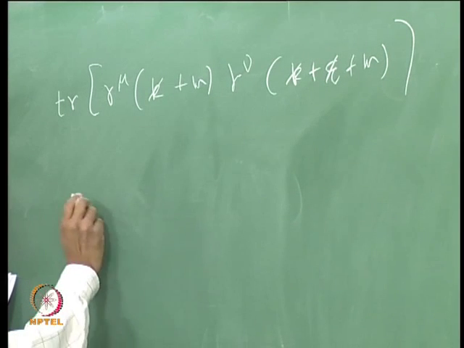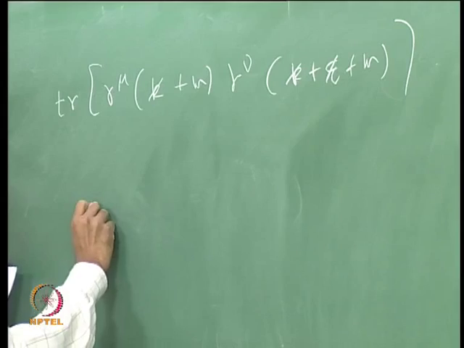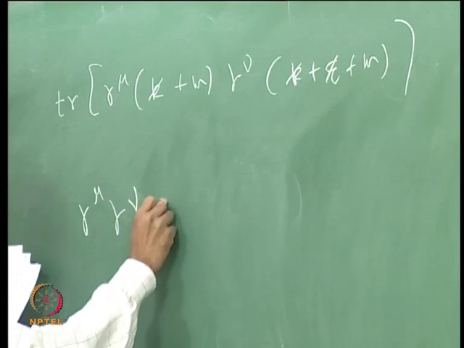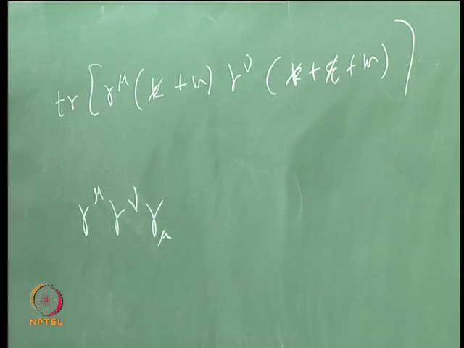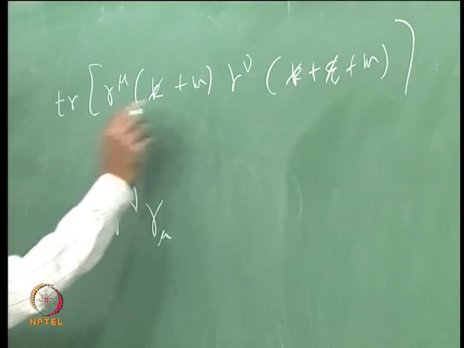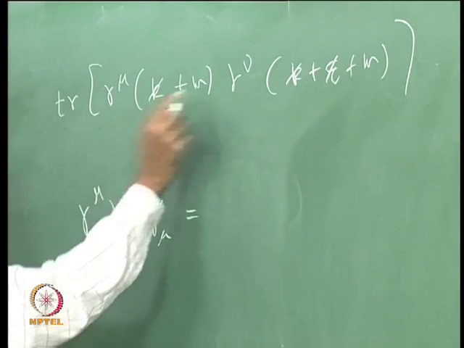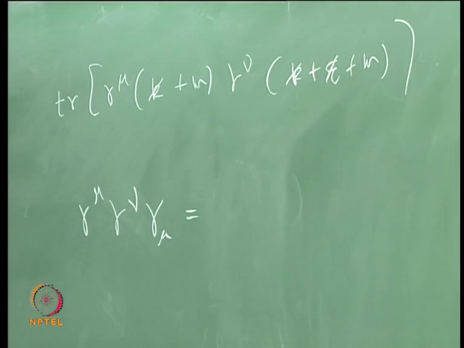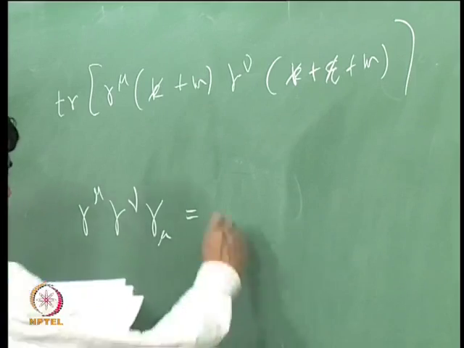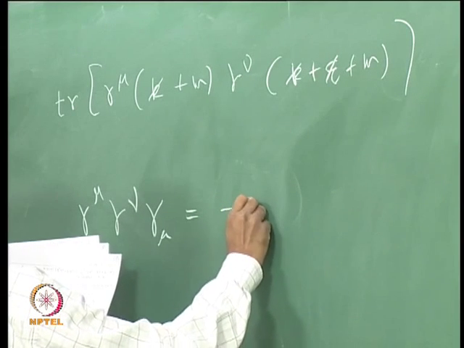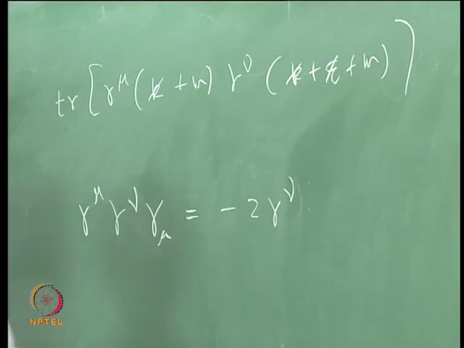When you do it in d dimensions, you will get, for example, let us say gamma mu, gamma nu, gamma mu. This is one typical expression that you come across when you evaluate traces of this kind. We have straightforwardly used this to be minus 2 gamma nu.